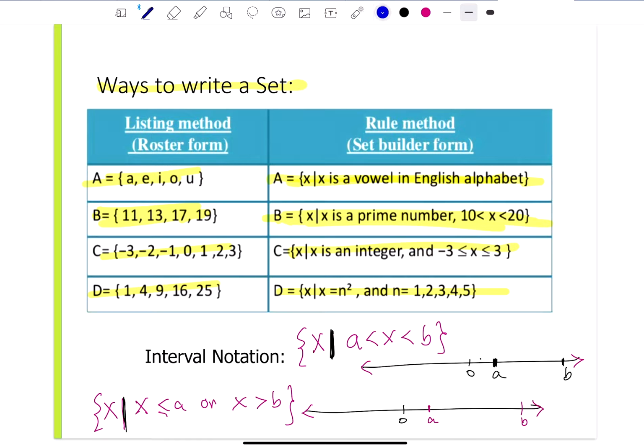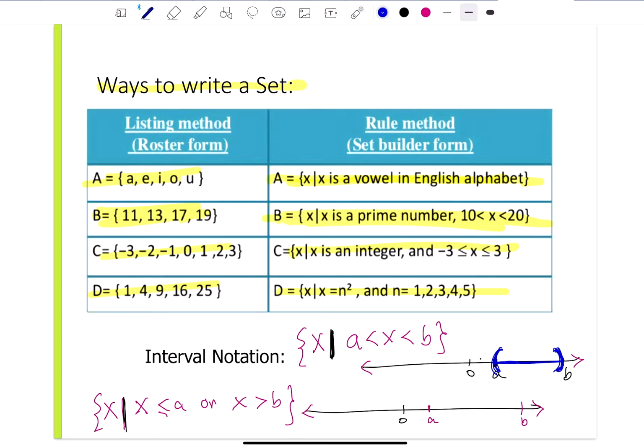We don't have any equal signs. That means we're going to be using either open dots or open parentheses, and x lies between a and b. So all the possible values of x lie between a and b. We could use open dots or open parentheses.